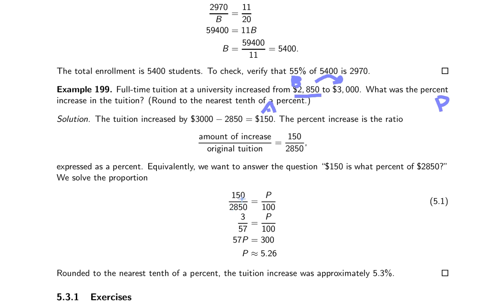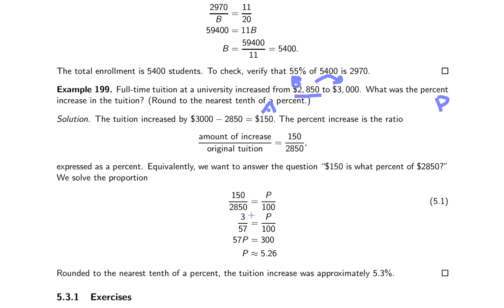So 150 over 2,850 is equal to P over 100. Here you can cancel 50s. This is 3 times 50 on the top, and on the bottom it's 57 times 50.